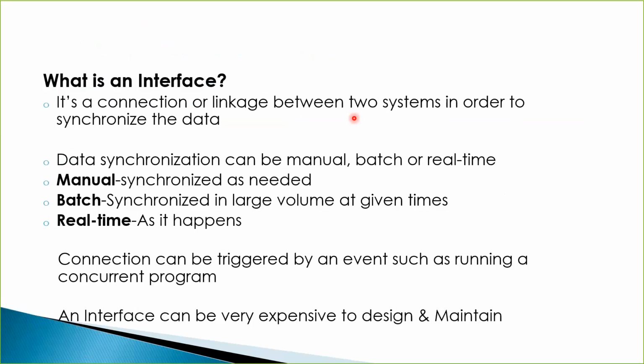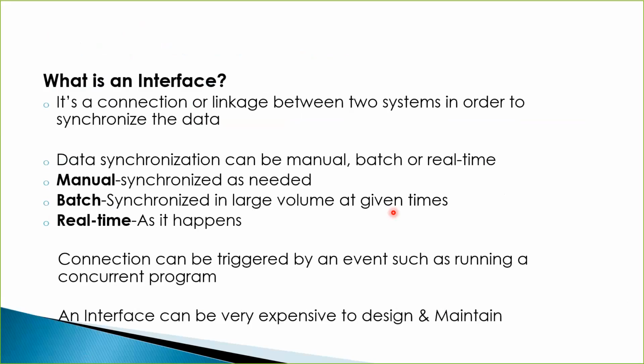Now, data synchronization can be done either manually, in batch, or in real time. Manual is where the synchronization is done as needed. Batch is where the synchronization is done in large volume at given times.